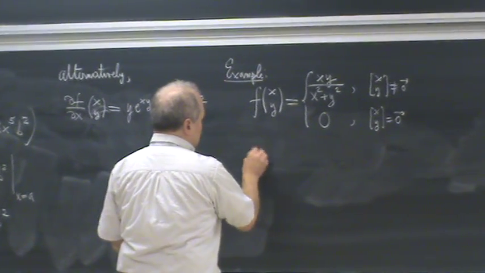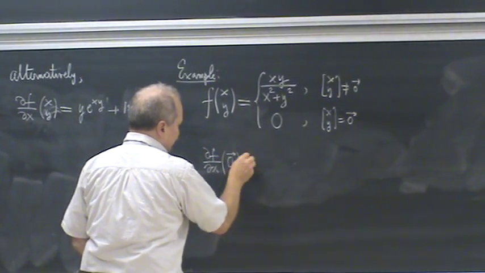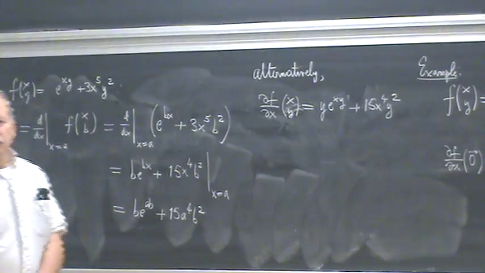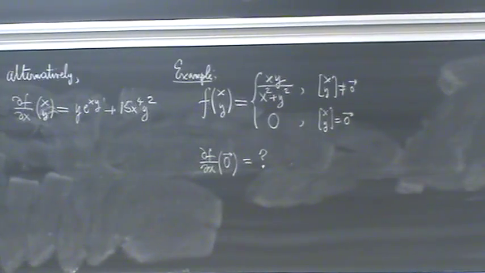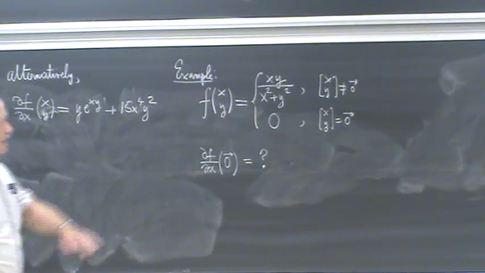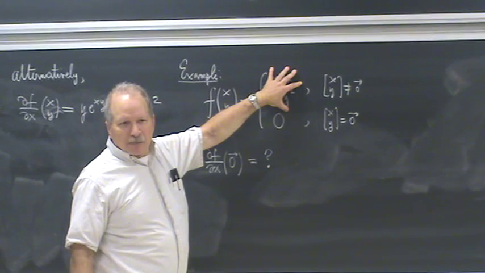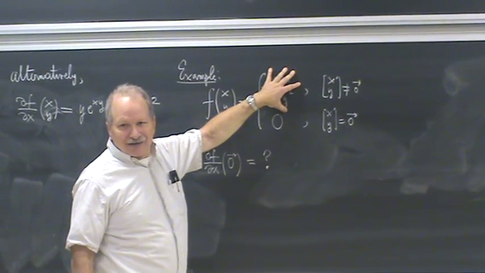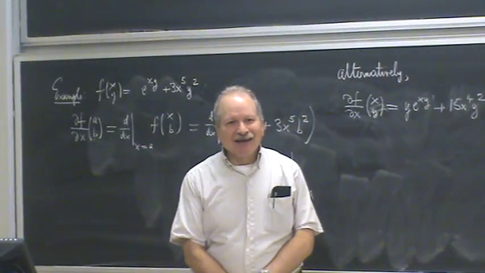Well, now I'm going to ask you, what's the partial with respect to x at the origin? How many of you are going to take this formula and take it with respect to x? How many are going to do it but just won't admit it? That's what I thought.